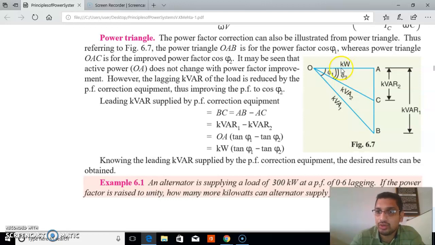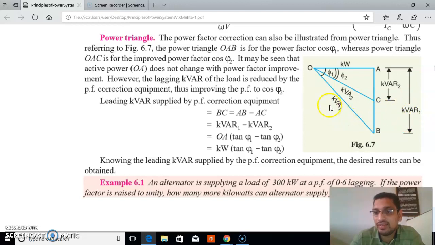So we draw kilowatt as the reference, OA. Then we have kVAR1, which is the reactive power before the power factor correction.